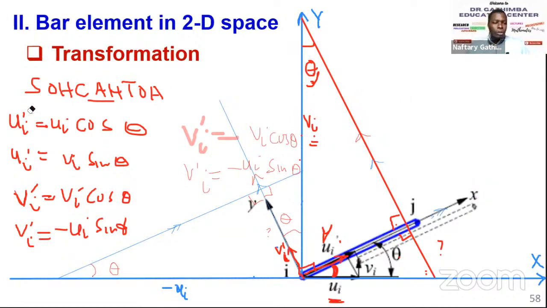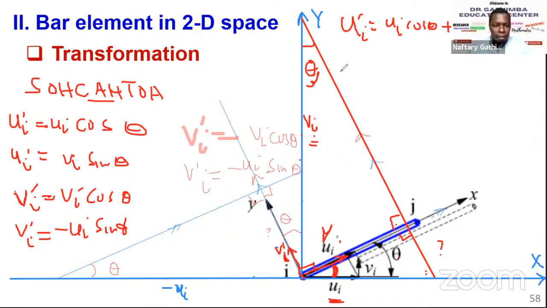So the resolution, or resolving, U prime I to the global coordinate system is a combination of these two: Ui cos theta plus Vi sin theta.